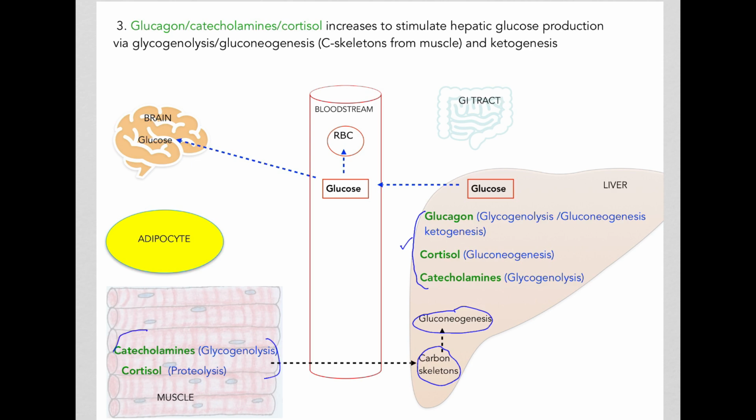And we have hormones such as catecholamines and cortisol that will cause the muscle to provide carbon skeletons to the liver so that the liver can make new glucose by gluconeogenesis. So that's one of the effects we see in starvation: not only the increase in glucagon, but also the increase in these hormones, catecholamines as well as cortisol.